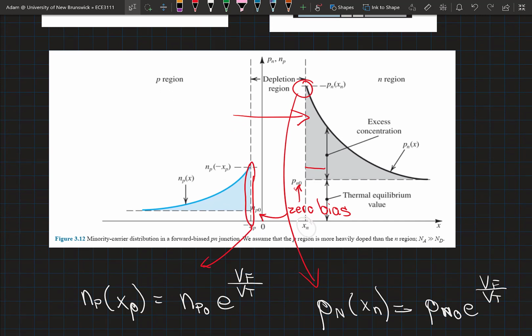But those holes, as they're injected across from the P region and move away from the junction, they eventually recombine. So this decaying exponential is due to recombination.